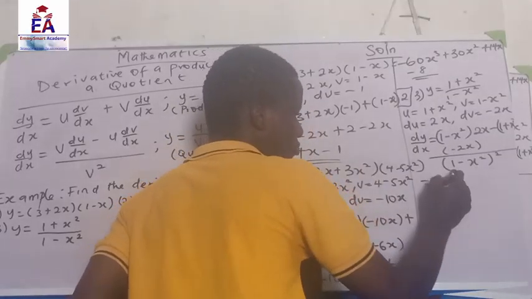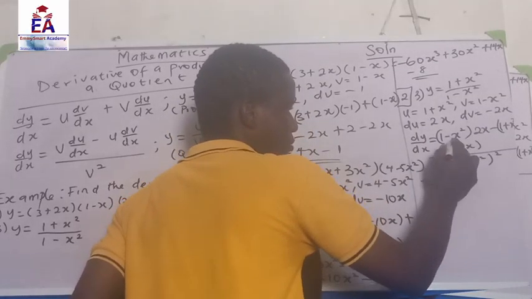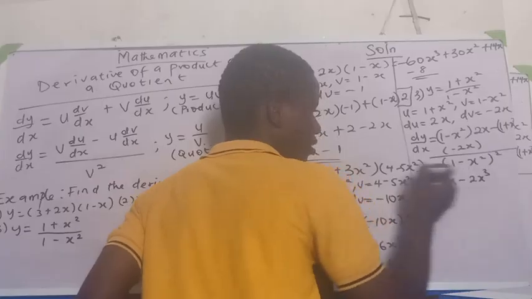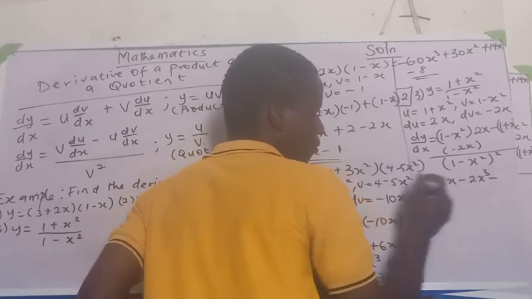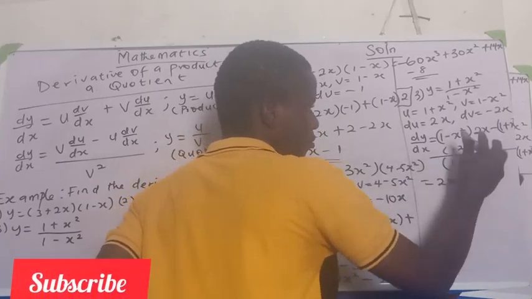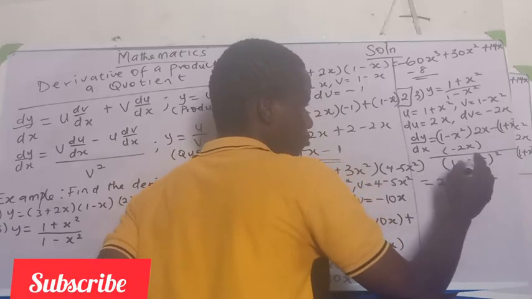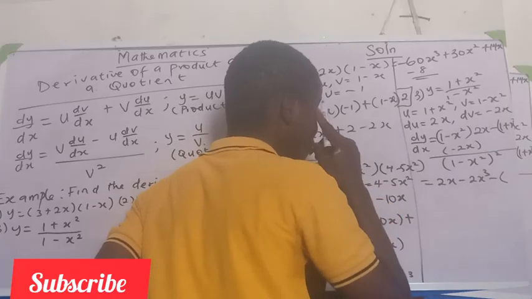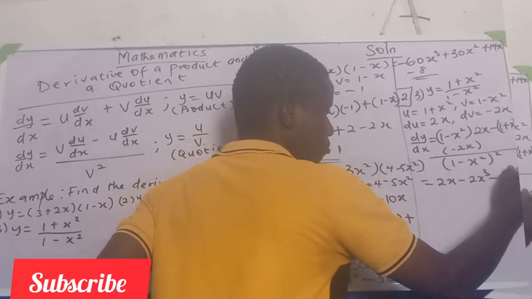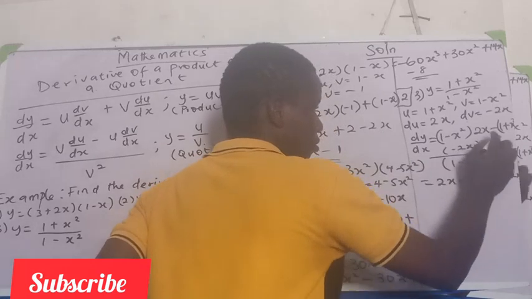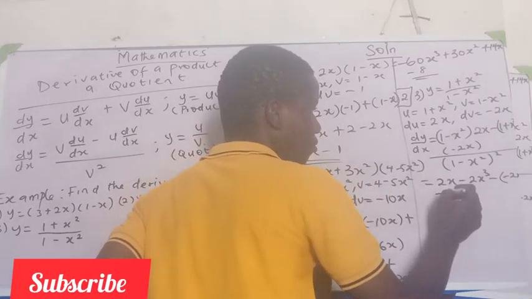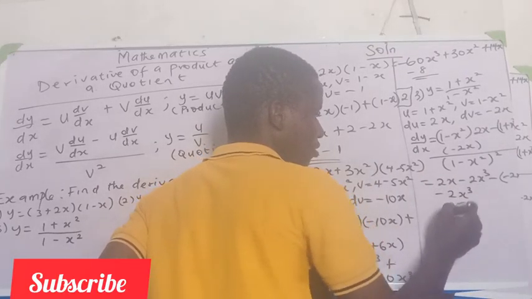So what am I going to have? 2x times 1 is 2x. 2x times minus x squared is minus 2x to the power 3. Then minus, 1 times minus 2x equals minus 2x. x squared times minus 2x equals minus 2x to the power 3.